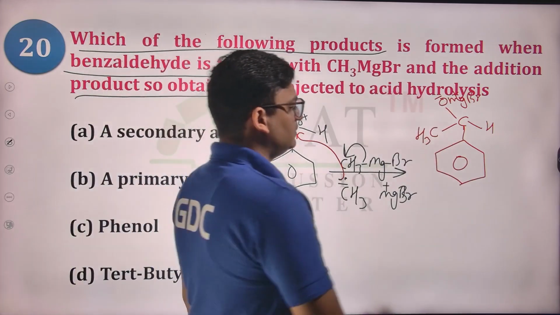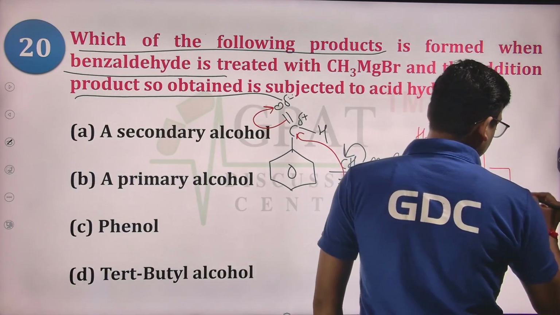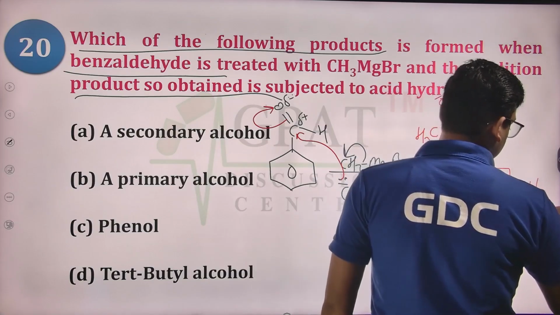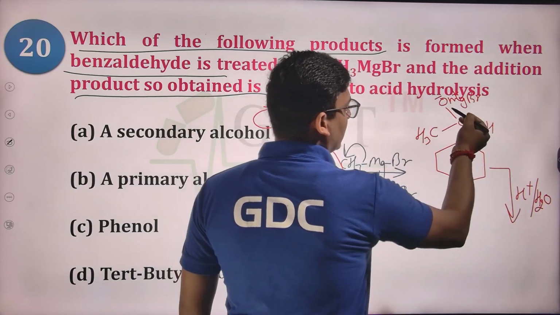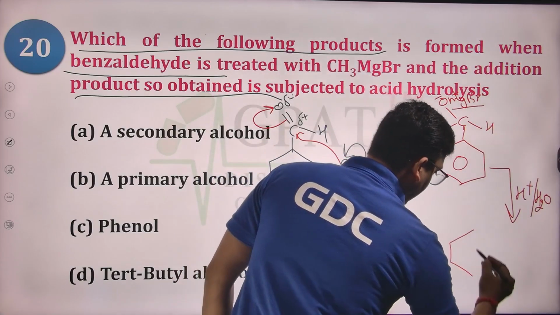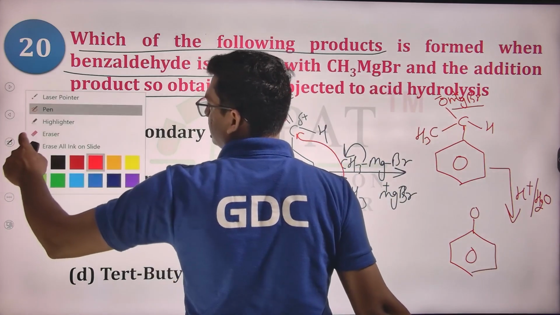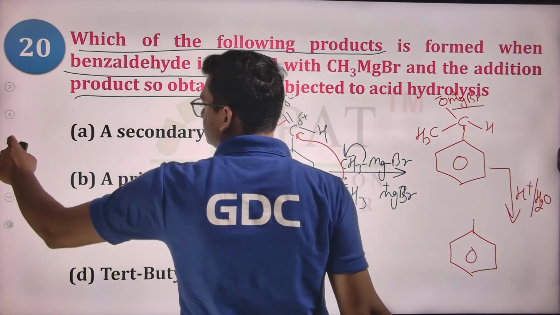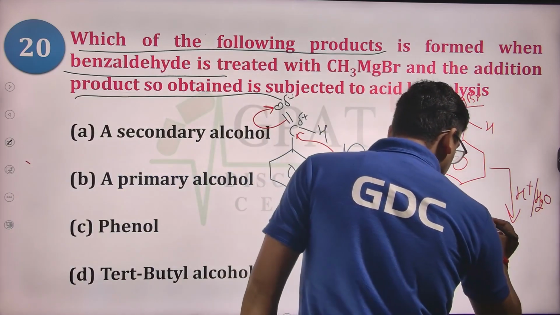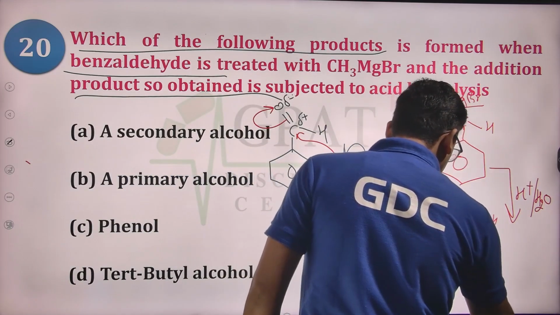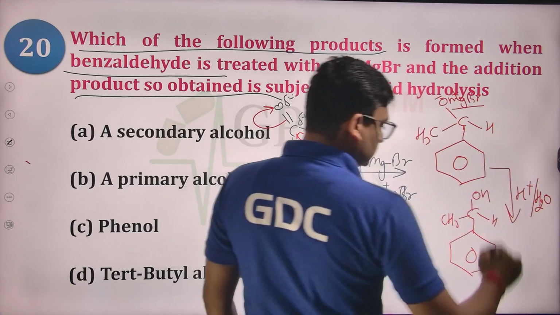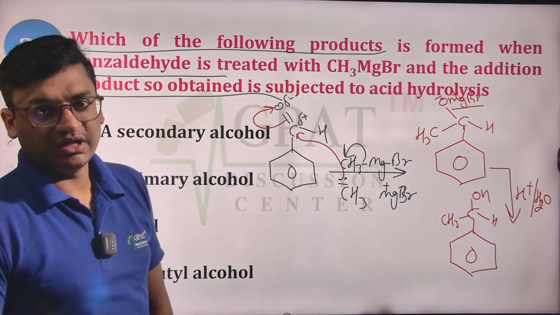Now upon acid hydrolysis, the MgBr is removed and a new OH will be added, like CH, CH3 and OH. This will be your product formation after the acid hydrolysis.